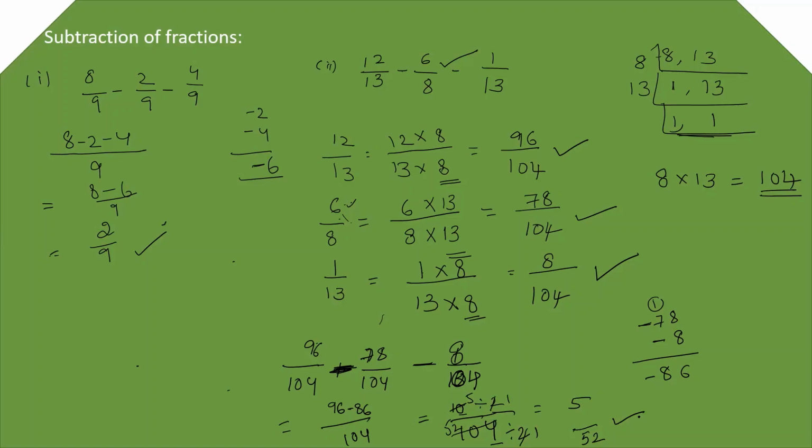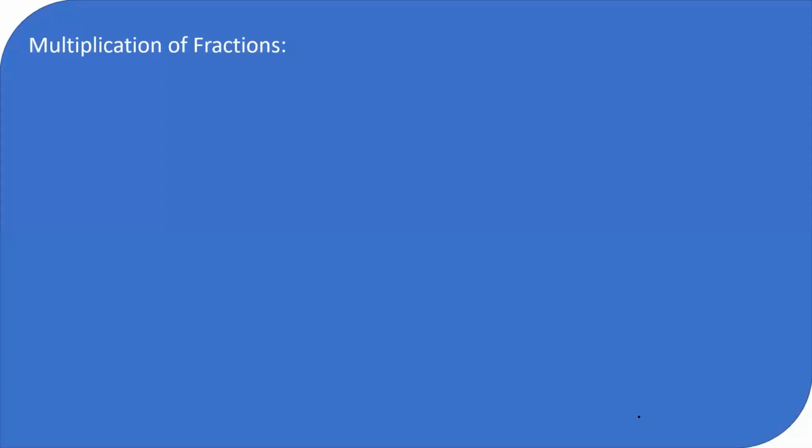This is subtraction of fractions. Multiplication of fractions. Example, 1 by 3 into 4 by 5 into 5 by 6 into 3 by 2.